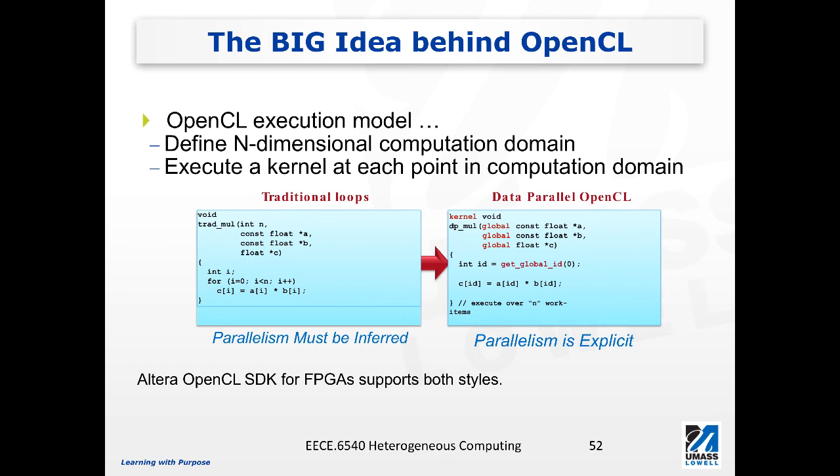In the main program that launches this kernel, we say we're going to run this kernel on a one-dimensional computation domain, and we're going to have a large number of kernels launched and executed on those computation units. So even though within one single kernel only one multiplication is performed, in fact we have multiple kernels that will be executed altogether on this parallel hardware.